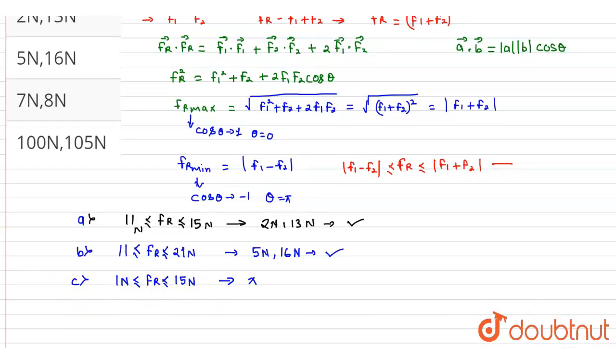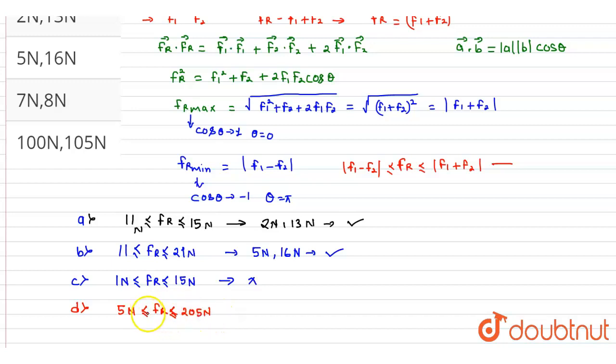So last one, option D, is 100 Newton and 105 Newton. The minimum resultant force is F1 minus F2, which is 5 Newton, and the maximum resultant force is F1 plus F2, which is 205 Newton.